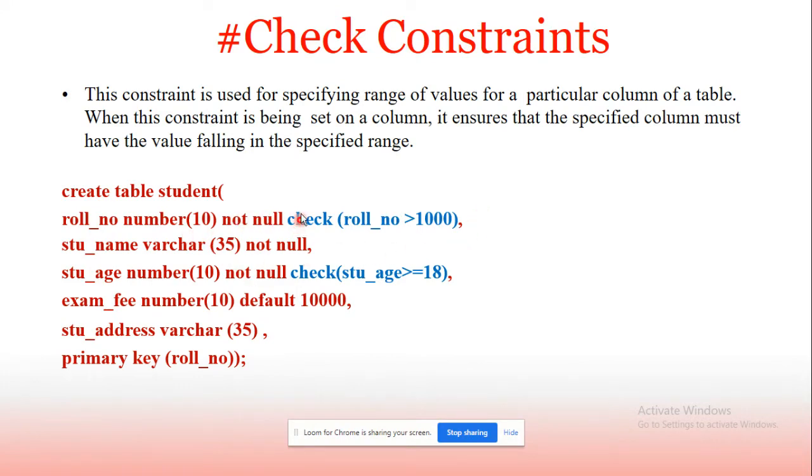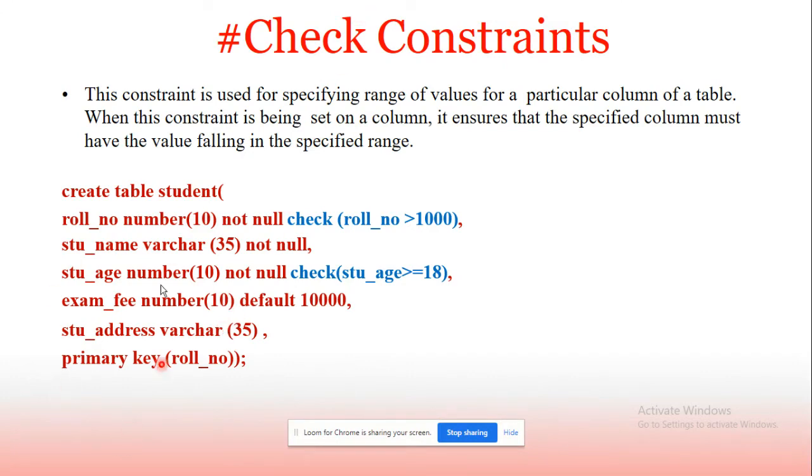So not null, unique, check roll number should be greater than 1,000. So we can define any number of constraints for one attribute, one column. Here we have set the examination fee default as 10,000, means if we are not entering any value for the examination fee, then the default value is taken as 10,000.